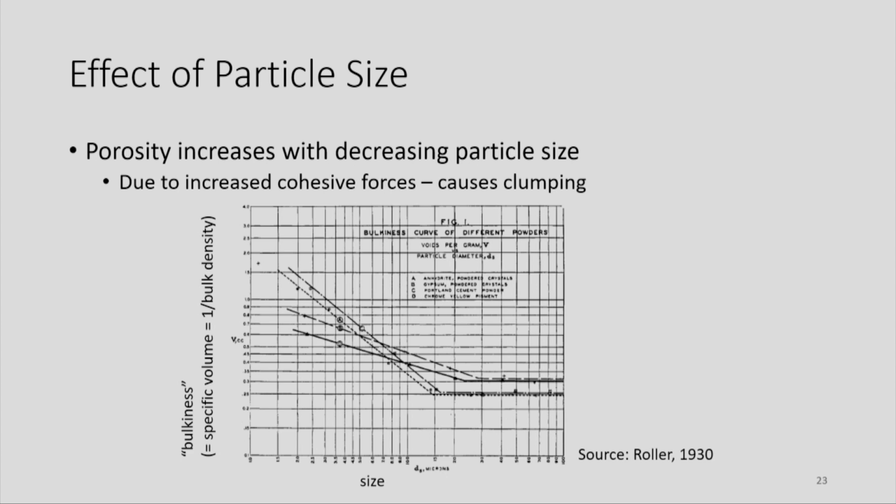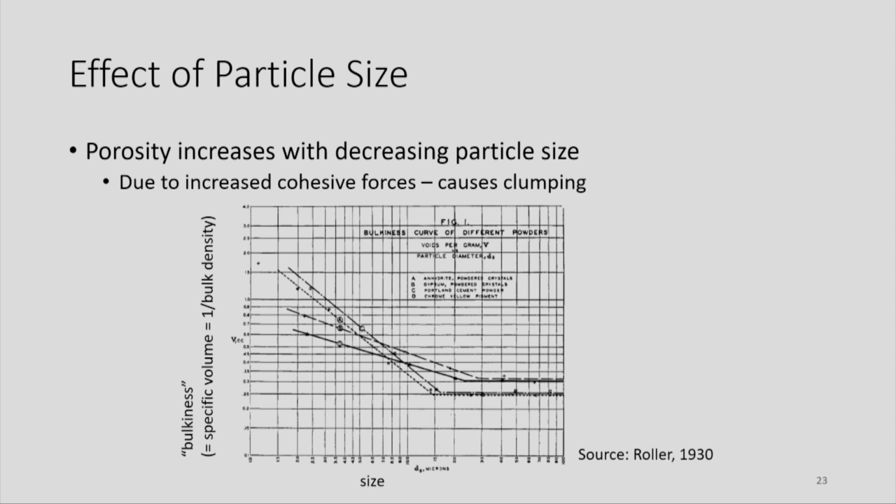So how does porosity increase with decreasing particle size? Mainly the particles are cohesive. If there are cohesive forces between the particles, they try to form clumping or bridging. That leads to increased porosity. If it's large size particles, their porosity is always high, right?